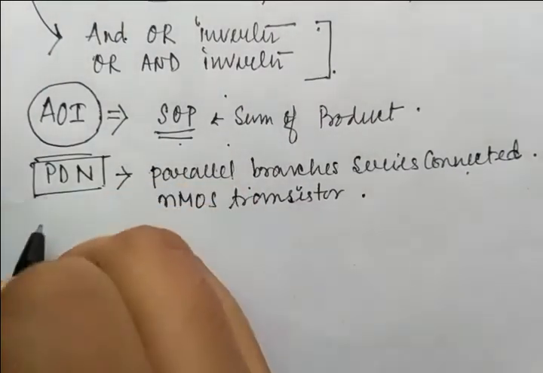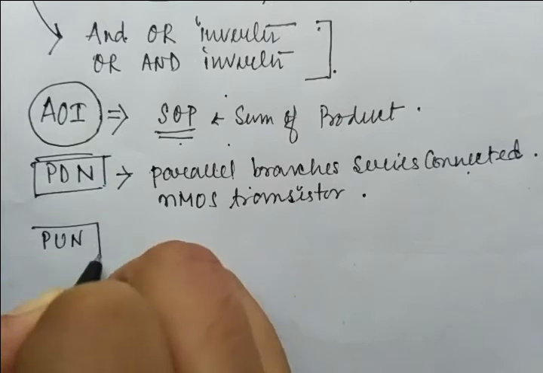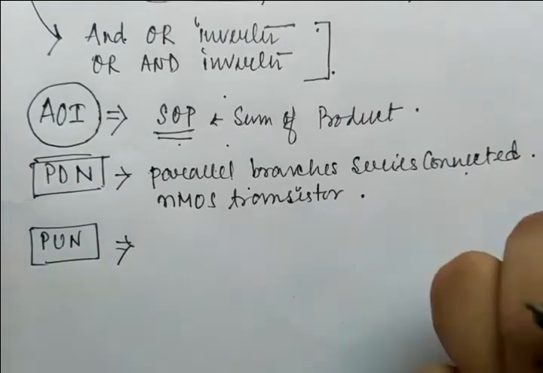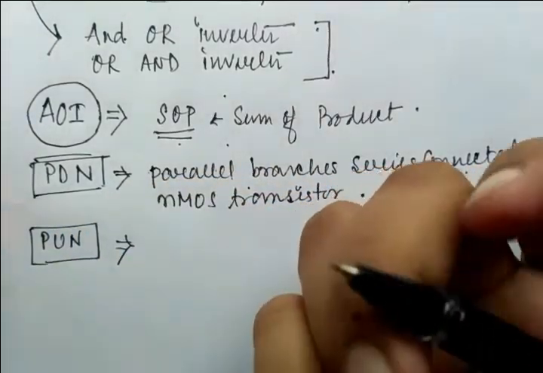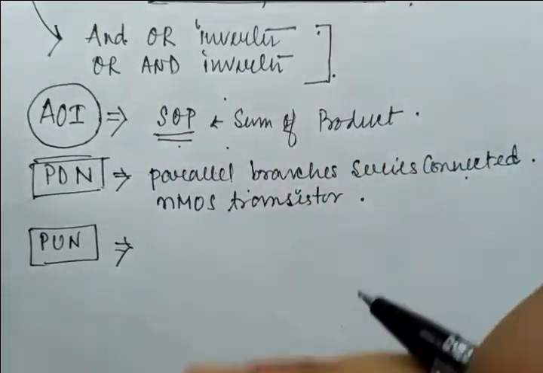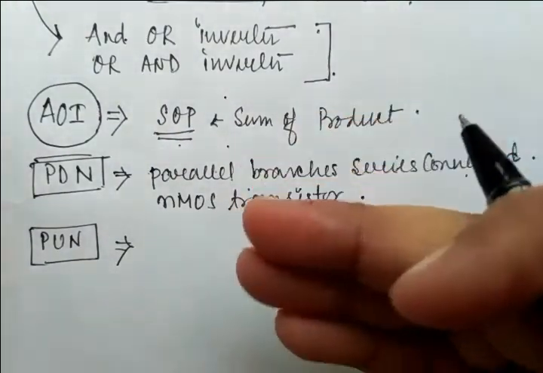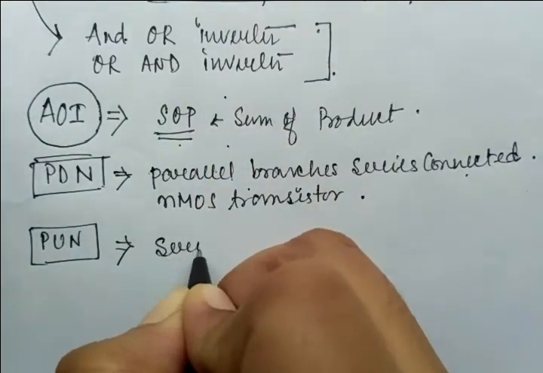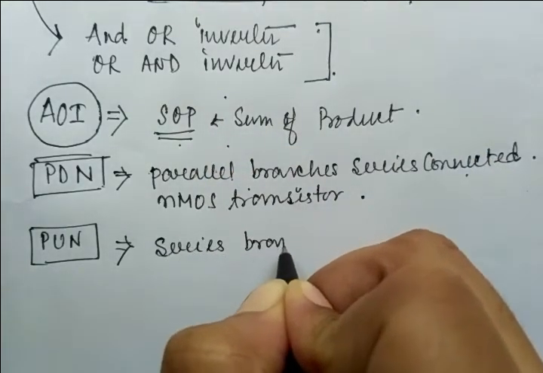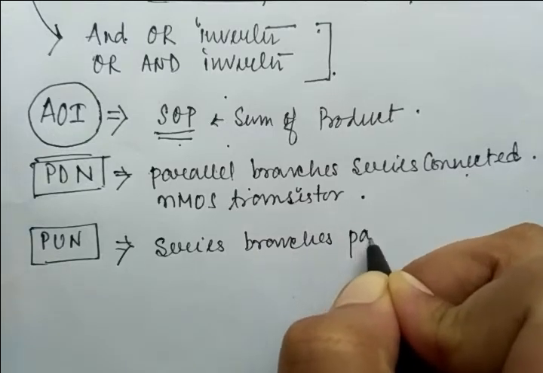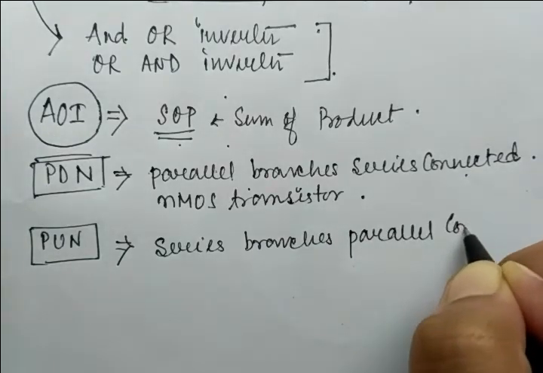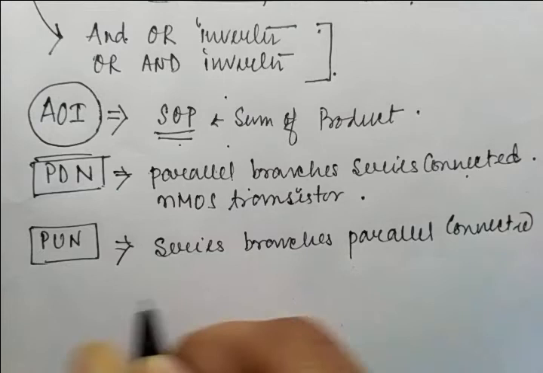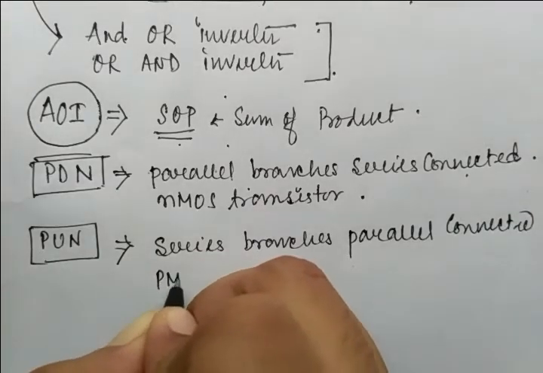And what about your pull-up network? The pull-up network is designed using PMOS obviously, and that is nothing but the vice versa, the opposite of your pull-down network. So it will be series branches parallel connected PMOS transistors.